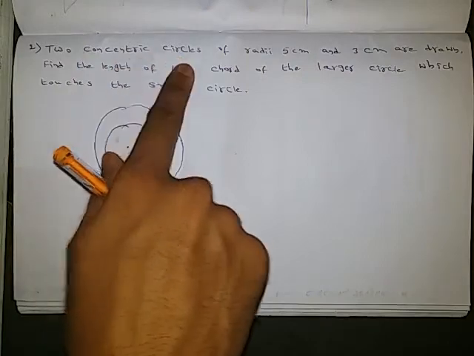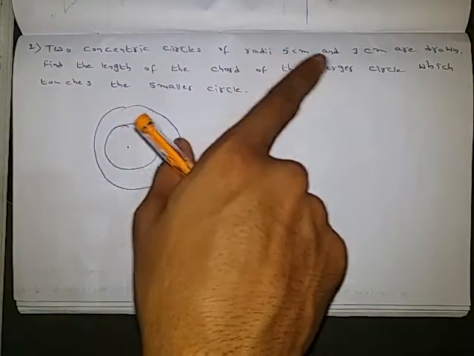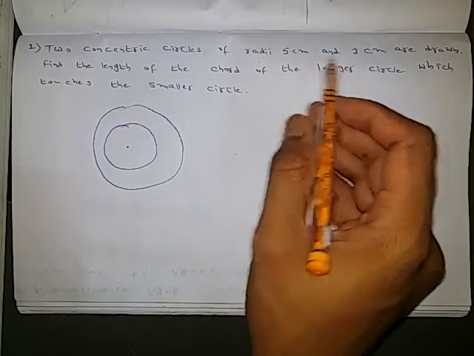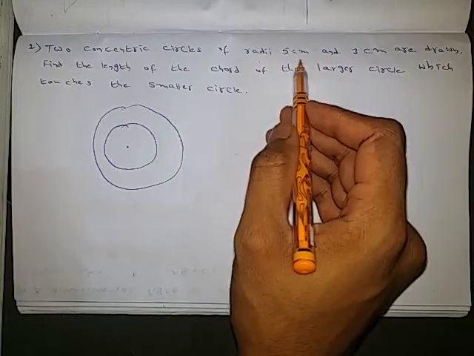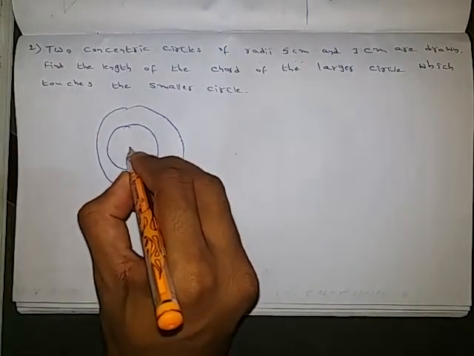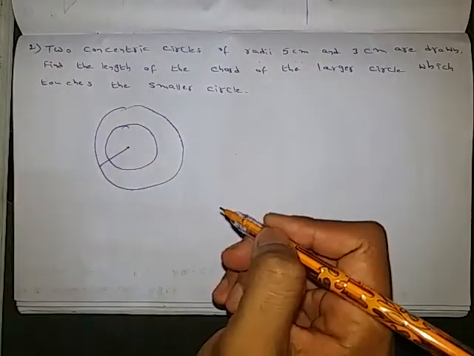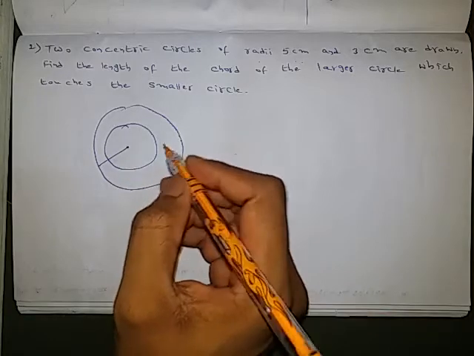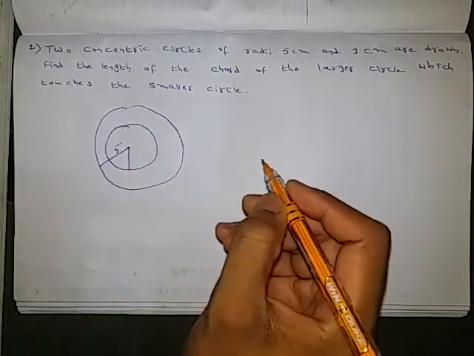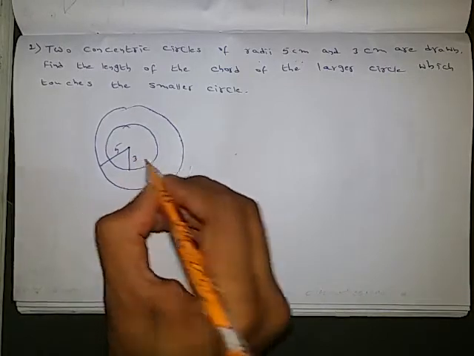So, two concentric circles of radii 5 cm and 3 cm. Radius 5, radius 3. Bigger radius means bigger circle, smaller radius means smaller circle. So, from here to here, this is the bigger circle radius, that is 5. From here to here, the smaller circle radius, that will be 3.